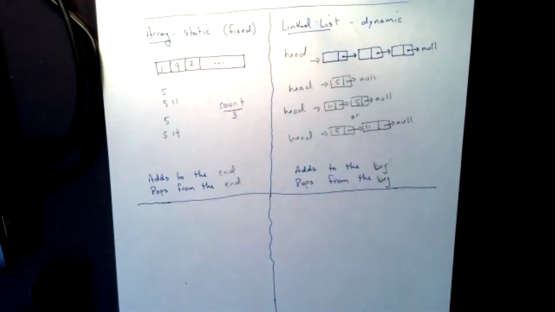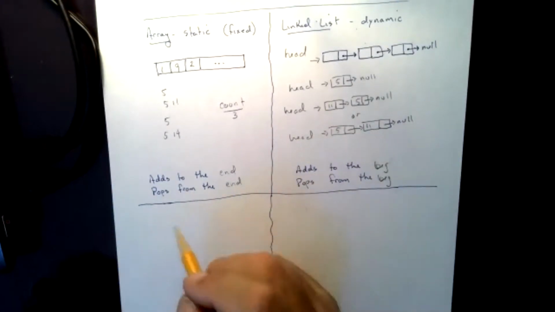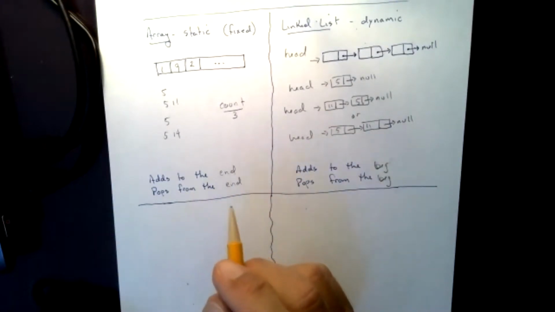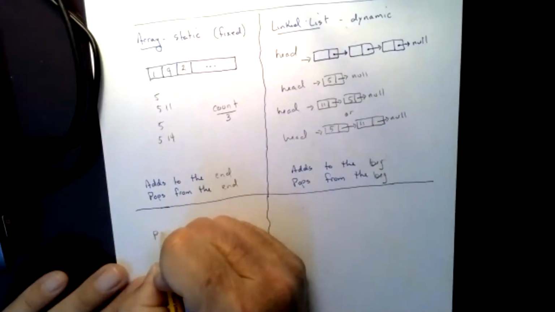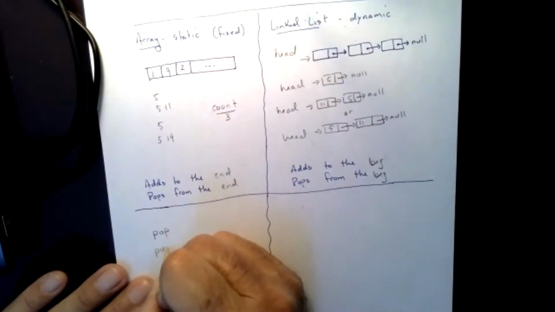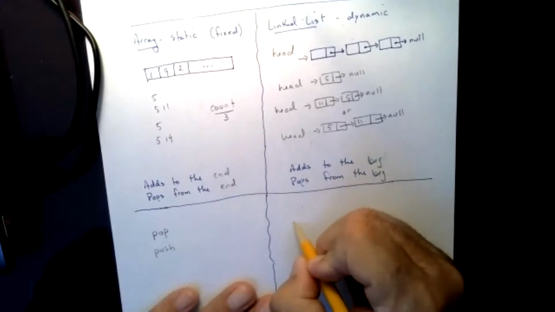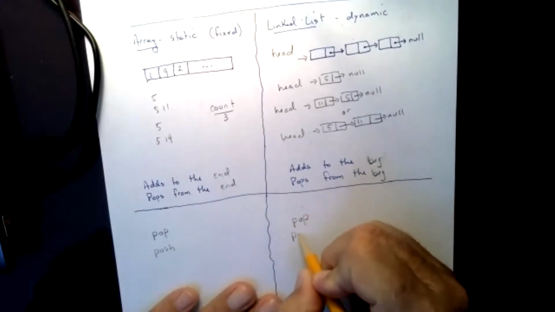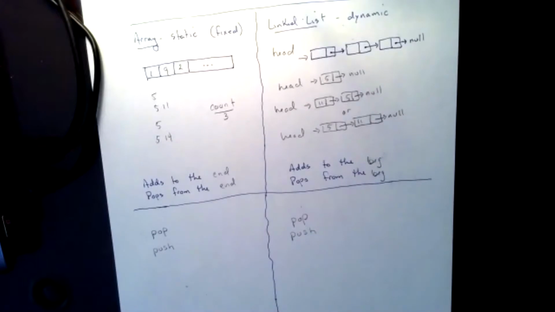All right, here we go. Under the array, we're going to need a pop and a push. Over here, we're going to need a pop and we're going to need a push.